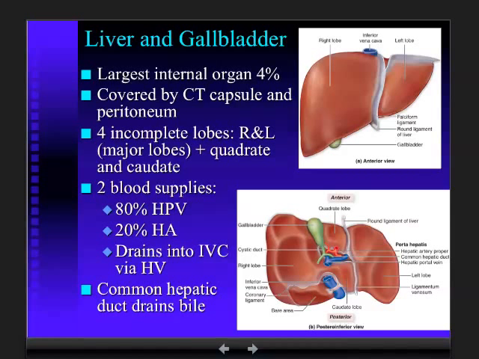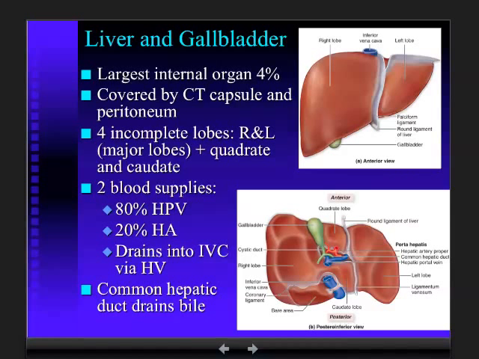Now, your liver also produces bile, and it has this little vessel here, the gallbladder, which stores that bile, and eventually drains it, as we said, into the duodenum, via the hepatopancreatic ampulla. And so what I want to show you here, to finish up, is that we've got hepatic portal blood and arterial blood coming into the organ, and we've got bile draining in the opposite direction.